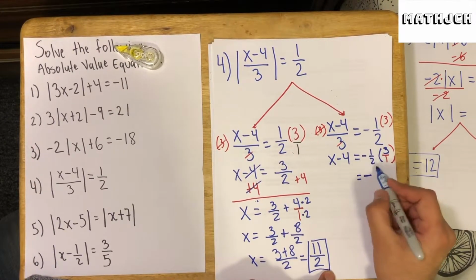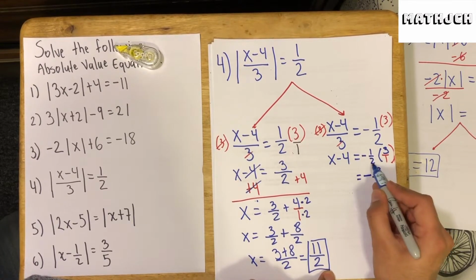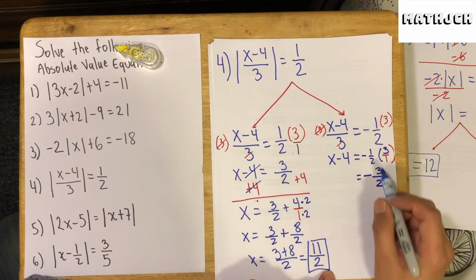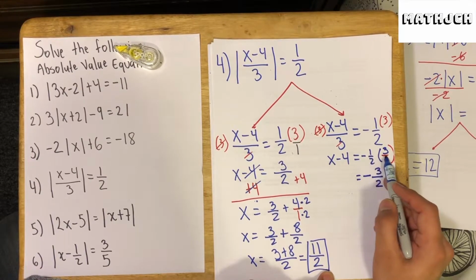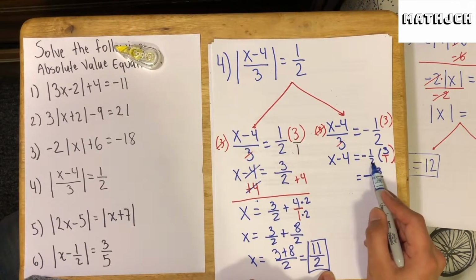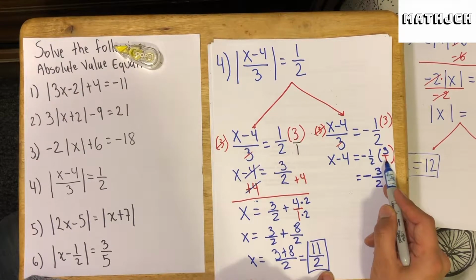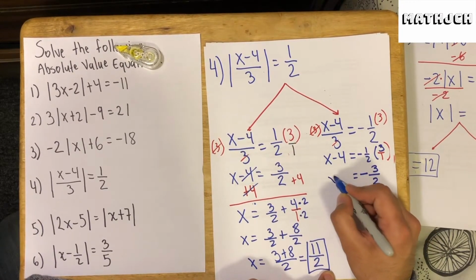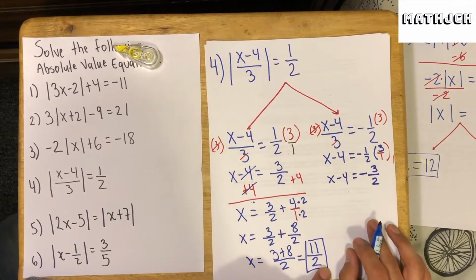So 1 times 3, that will be 3, and 2 times 1, that will be 2. Remember, when we multiply fractions, we multiply straight: numerator times numerator, and denominator times denominator, only when you multiply. And bring down the x minus 4.